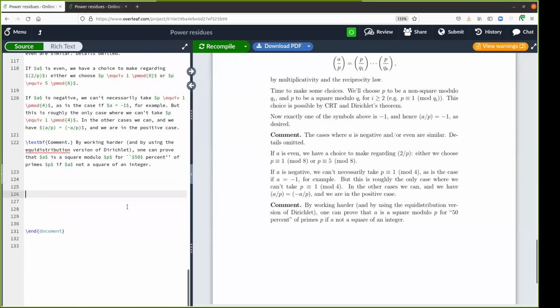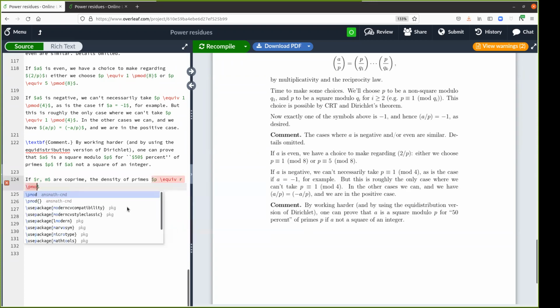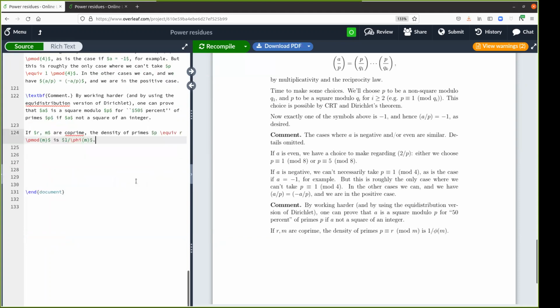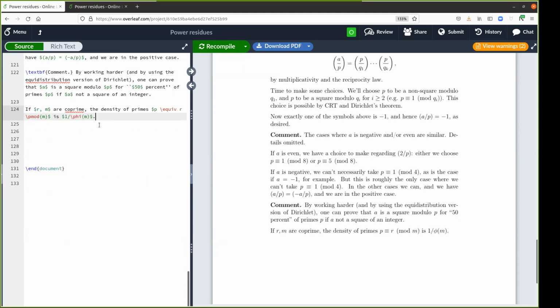What is the equidistribution version of Dirichlet? It basically says that the values of p modulo m are random in a sense.